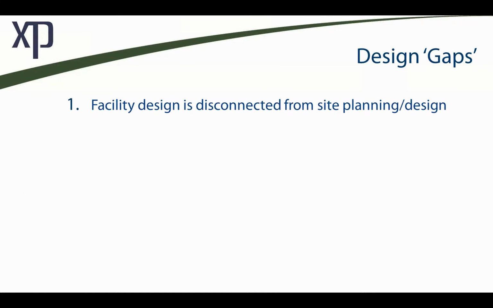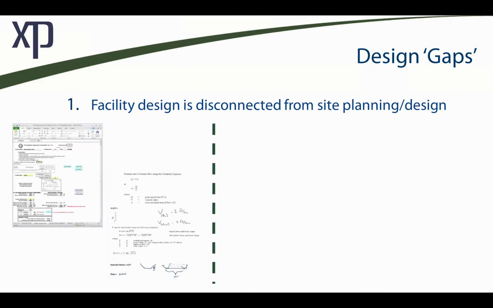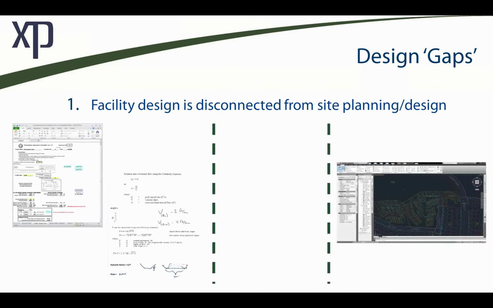Okay, so the first item where we're disconnecting our spreadsheet, so we see an example of some hand calculations and spreadsheets on the left. And of course, our CAD file or GIS file on the right. Perhaps literally on your screen, you have two monitors and you have them on each monitor. Now, the issue with this is, what if I update one?